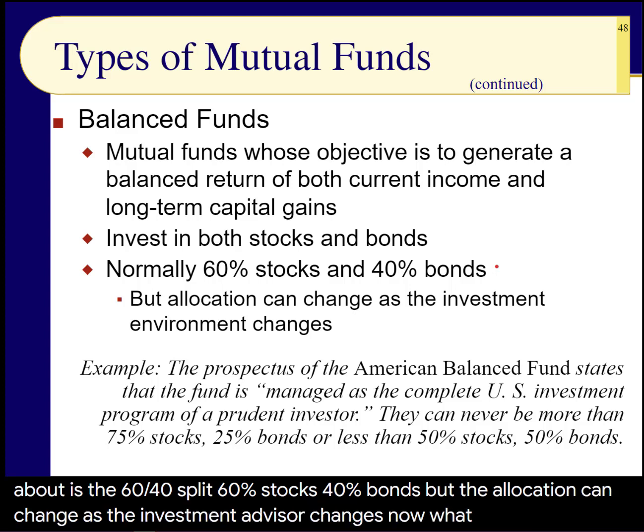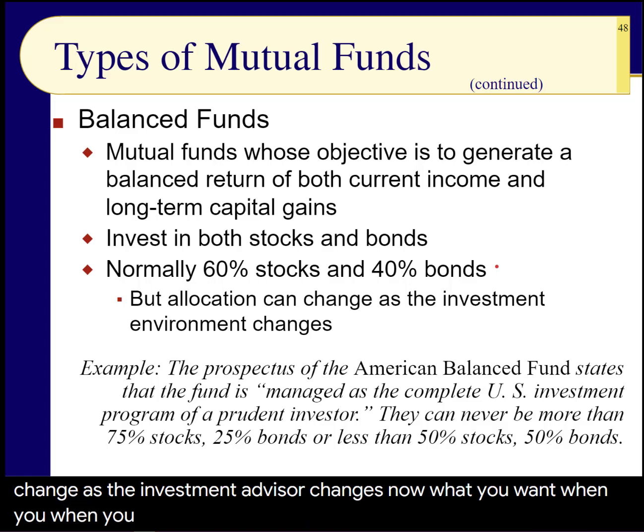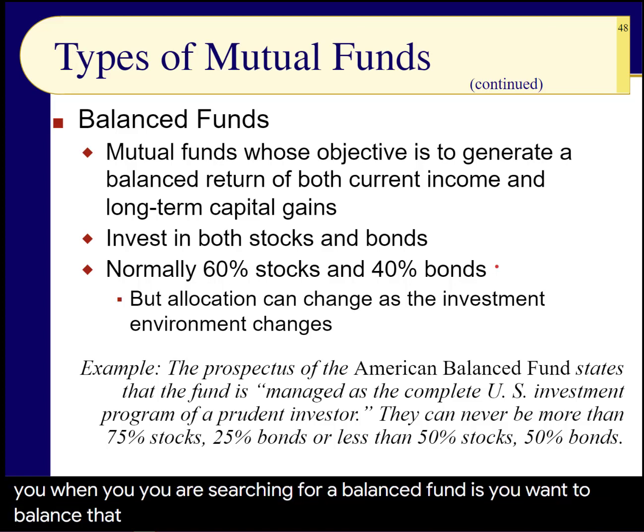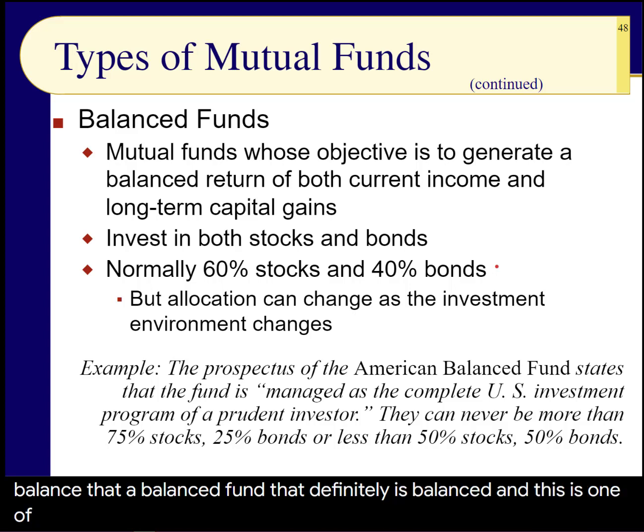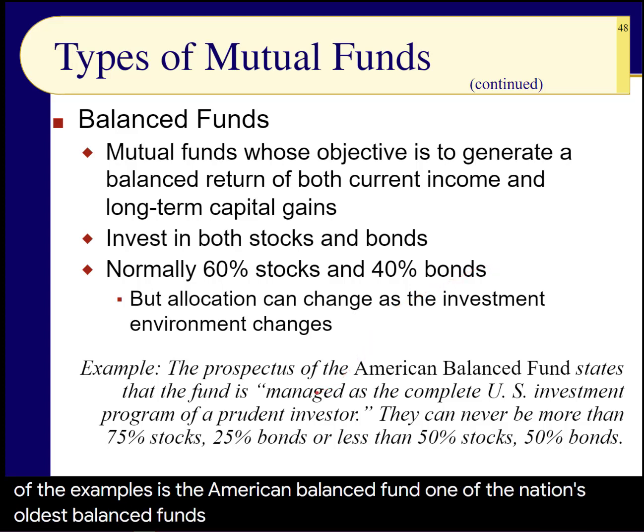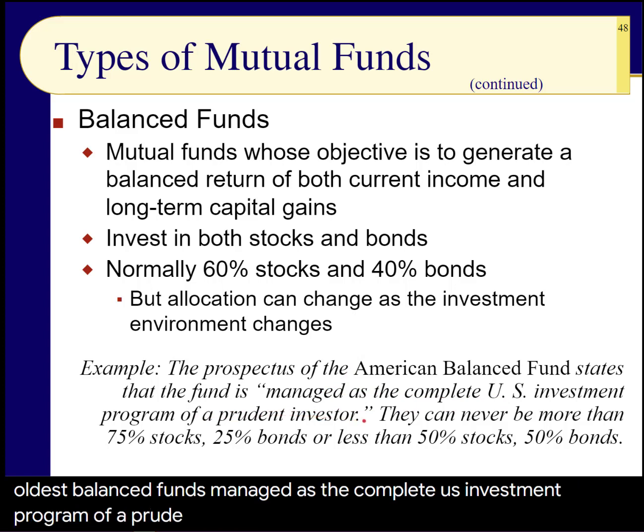Now, what you want when you are searching for a balance fund is a balance fund that definitely is balanced. And one of the examples is the American Balance Fund, one of the nation's oldest balance funds, managed as the complete U.S. investment program of a prudent investor. I love that word, prudent.